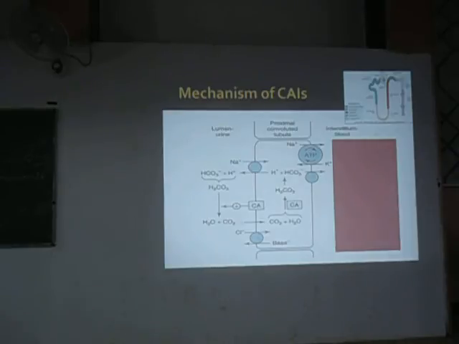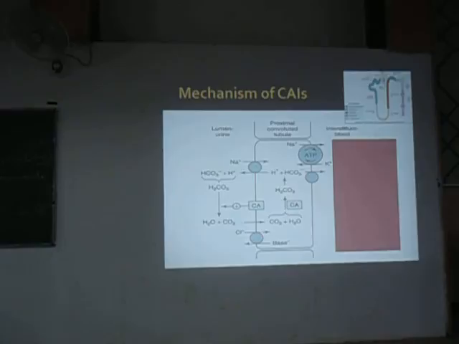When carbonic acid was broken down, we got this hydrogen ion, which was exchanged for sodium, and sodium was reabsorbed back. This hydrogen ion, which has come outside, combined with bicarbonate and formed carbonic acid. Carbonic acid, under the influence of the luminal carbonic anhydrase, was converted to water and carbon dioxide. Carbon dioxide is a highly diffusible gas and can easily pass through the cell membrane.